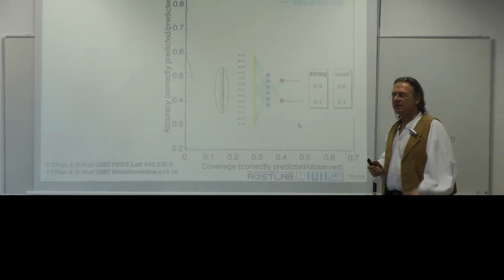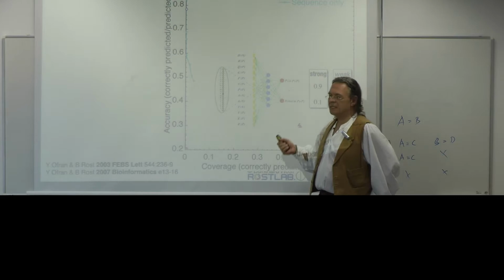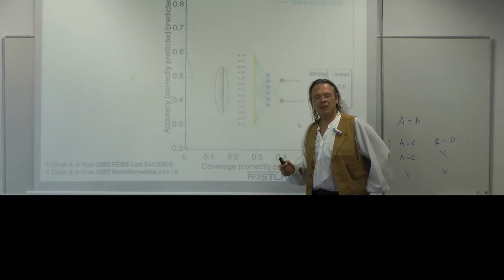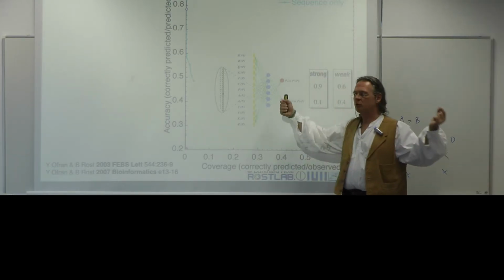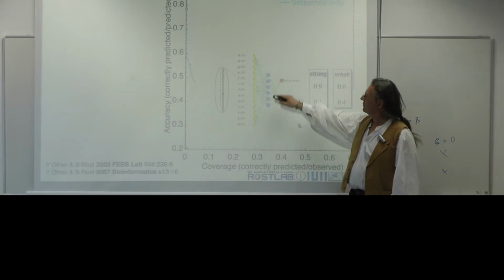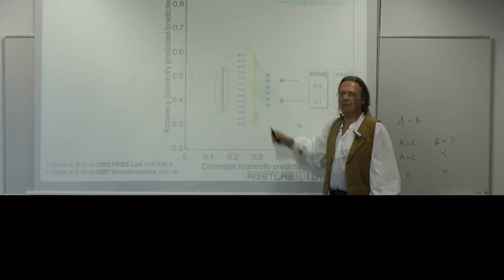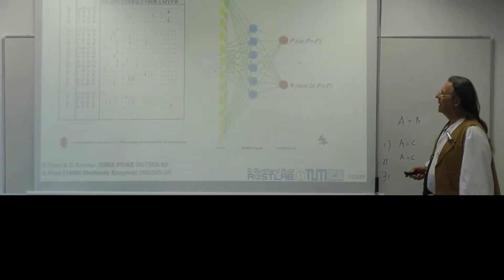In that sense, it's a so-called one-hot encoding, a simple binary vector with 20 entries for each of these bubbles. 13 times 20 or 21.